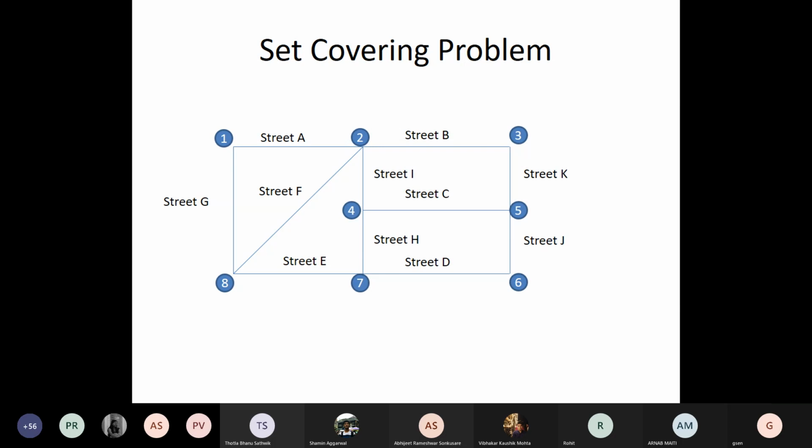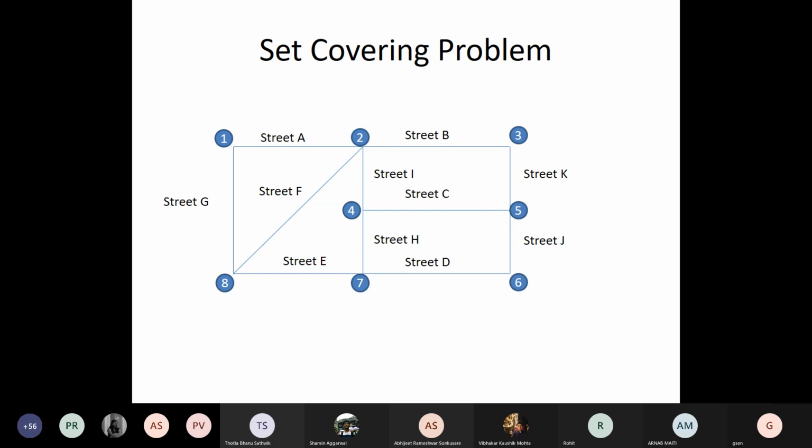The problem here is, say you need to install a Wi-Fi device at these nodes, at the intersections. The condition is that if you install the Wi-Fi device at one node, the intersecting streets, that means the incident edges coming to this node, will be covered by that device.